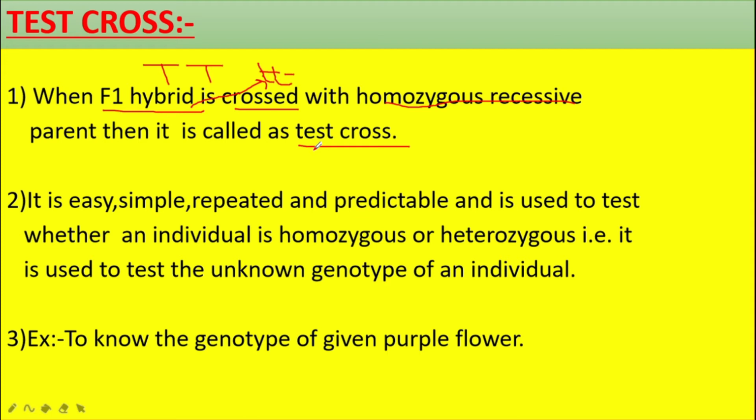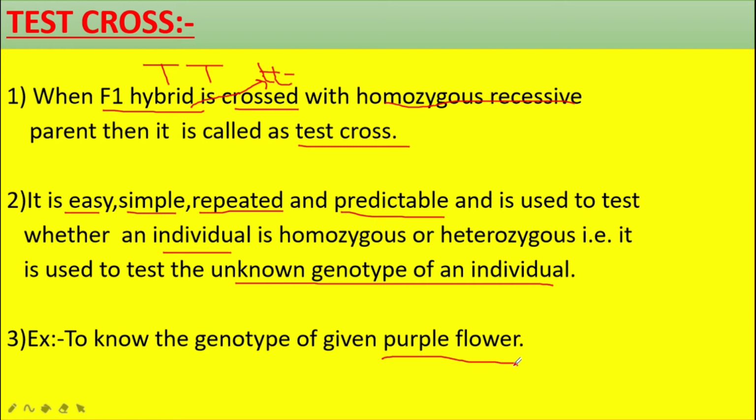Now let's study something about this test cross. Test cross is very easy. It is simple. It is repeatable, meaning it can be done many times. It is predictable, meaning predictions can be made with the help of this test cross. What type of predictions? This test is used to know the unknown genotype of an individual. Suppose one purple flower is given.